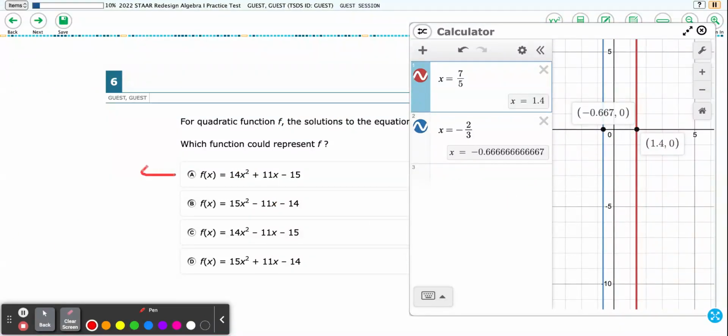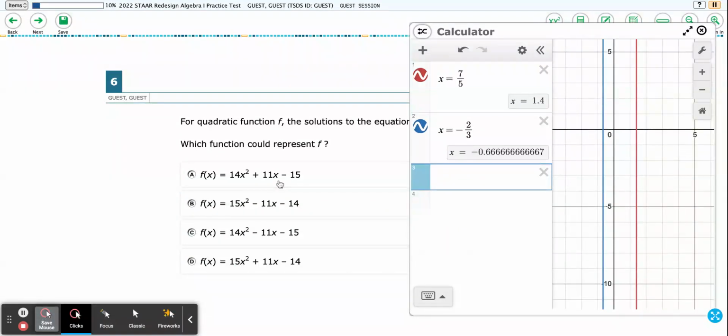Now what I want is one of these equations to cross and intersect where these two lines, these two x values that I've created, cross the x-axis. So I'm going to put them in. Go back to my mouse. So my first answer choice says I can do f of x, type exactly what I see, equals 14x.